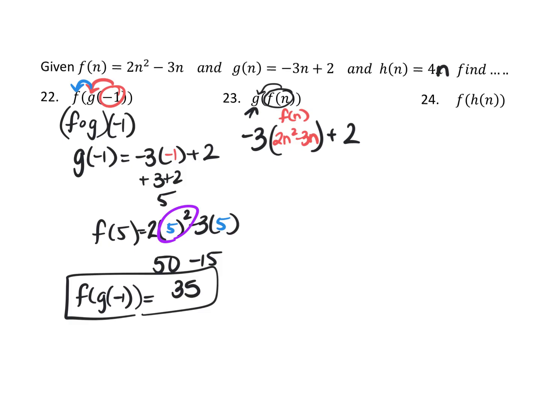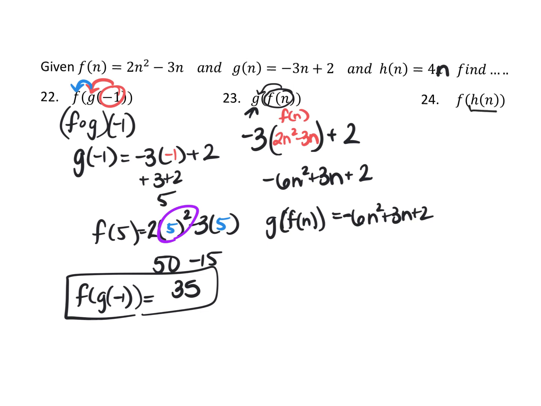So I'm putting the whole function into the parentheses. Then I distribute: -6n squared plus 3n plus the 2. So g of f of n is -6n squared plus 3n plus 2.